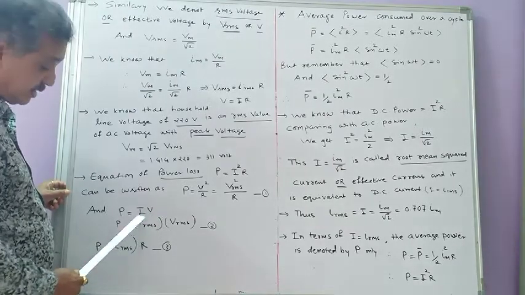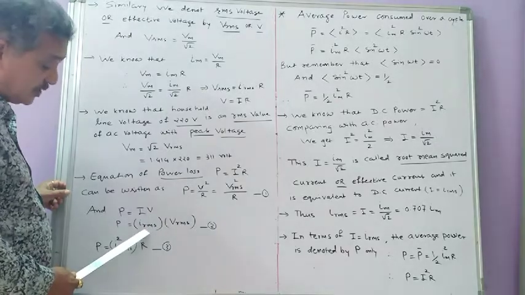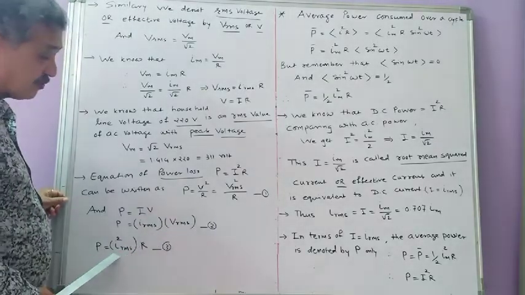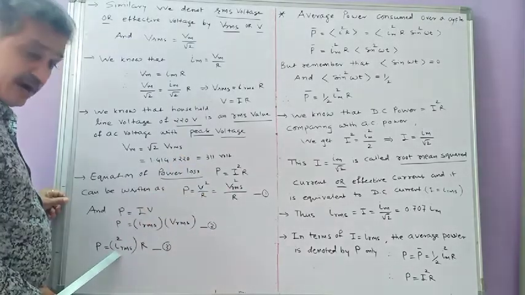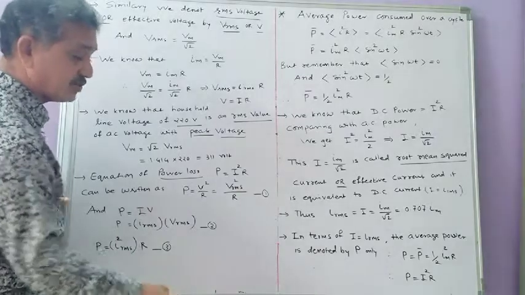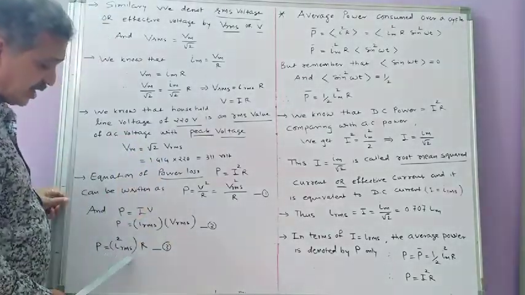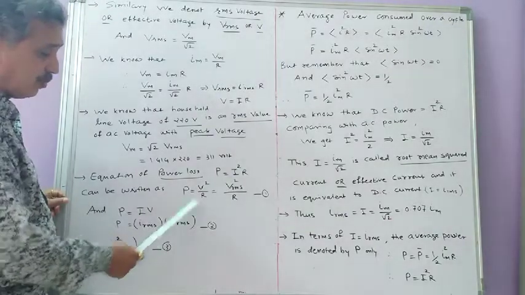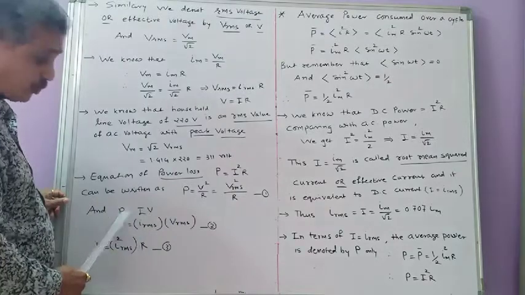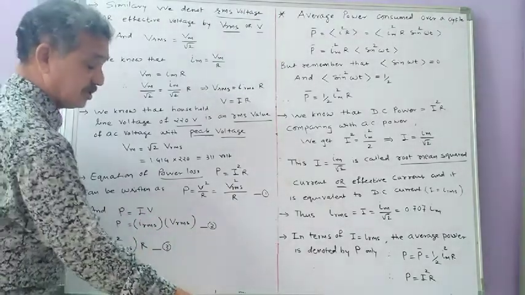Which current? This AC current and this AC voltage. So AC current means root mean square current multiplied by root mean square voltage. Now here the other equation, I square R, so here also what will we get? IRMS square into capital R. So these are the three equations of power loss: in the form of current, IRMS square into R; in the form of voltage, power P equal to VRMS square upon R; and in the form of the product of current and voltage, IRMS into VRMS.